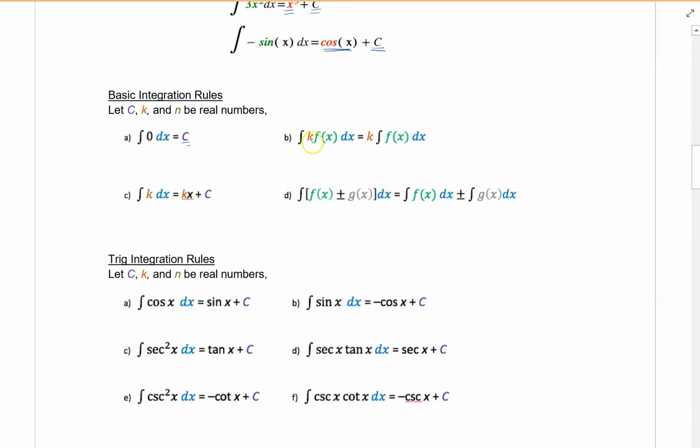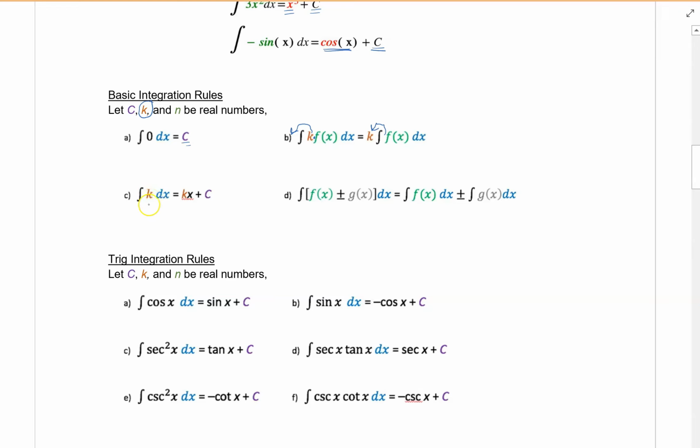We have a constant multiple rule for integration. If you have a constant, so notice that here k is just representing a constant, and it's being multiplied to a function, the integration rule for that says you can pull the constant out of the integral. So you can take the k out of the integral and just multiply it to the result of the integral. You can just multiply it to the antiderivative.